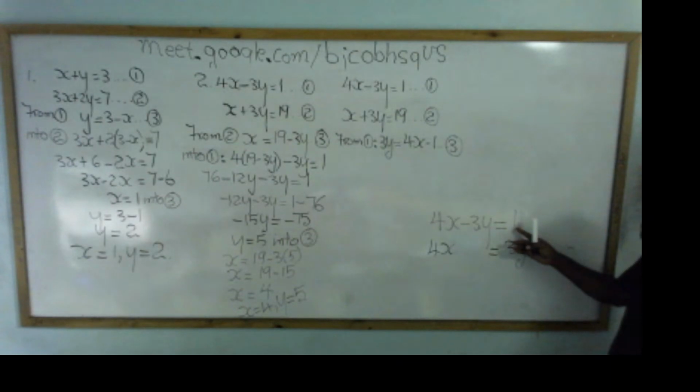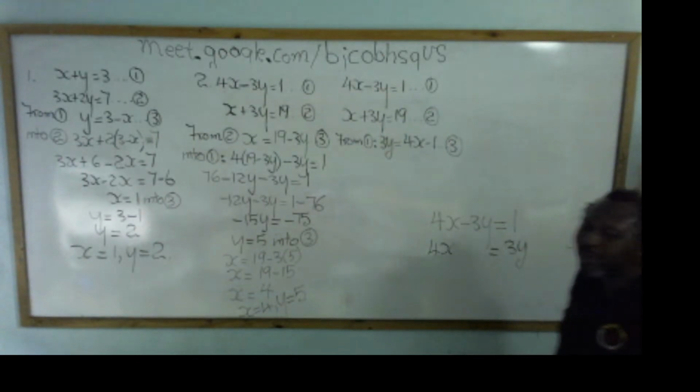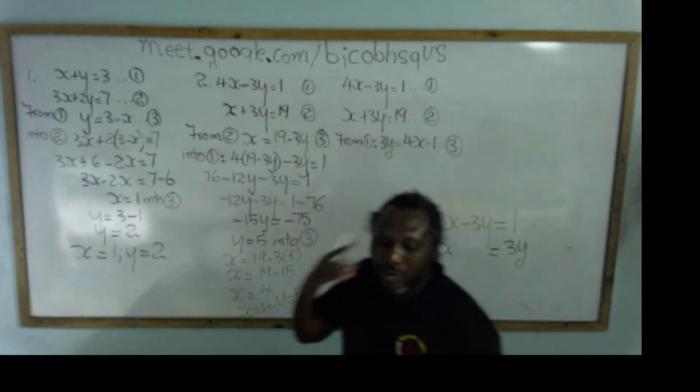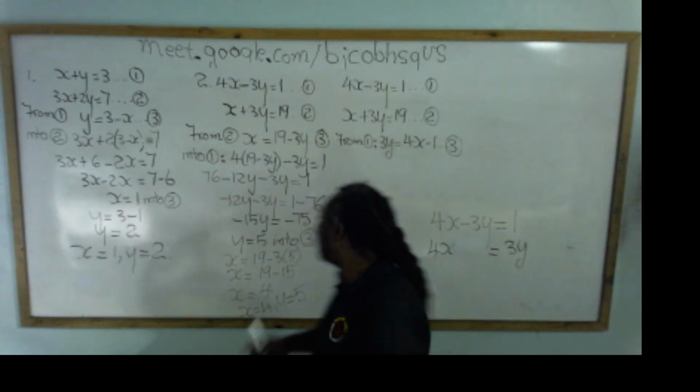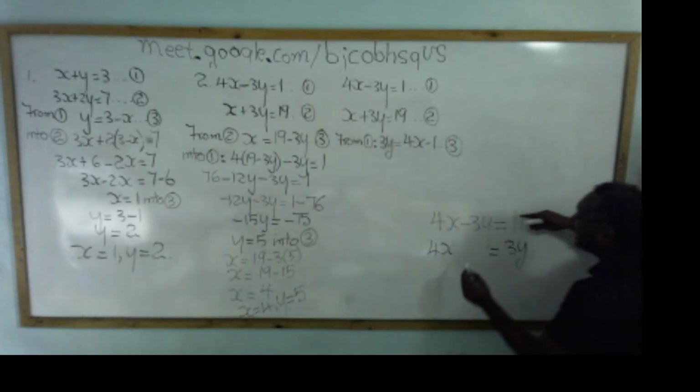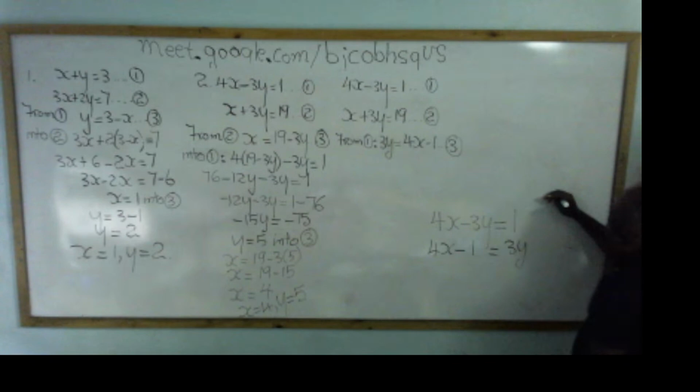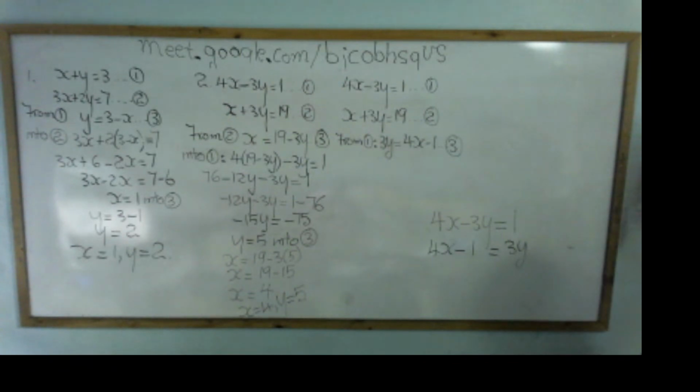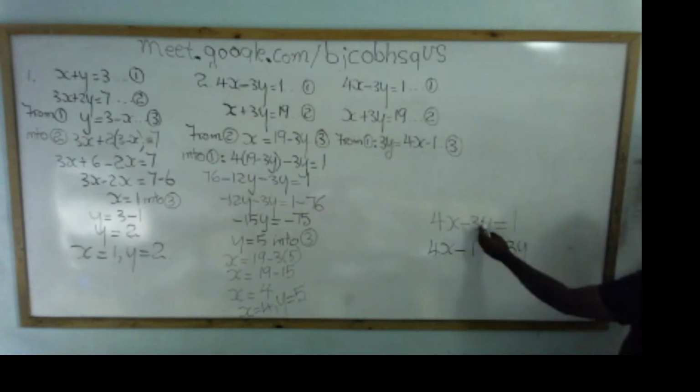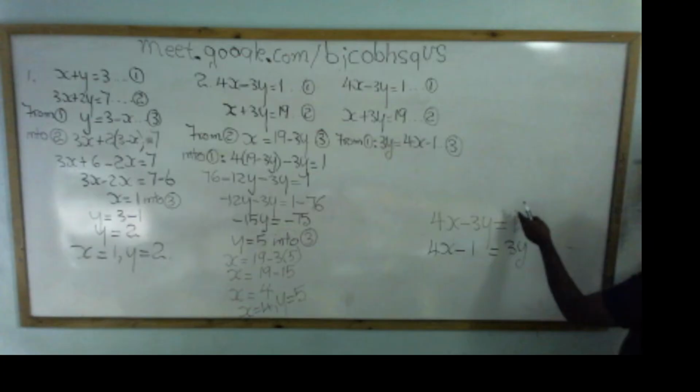going to be accompanied by this one. We are not writing it there, but it is going to be accompanied by that one. So we eliminate the 1 at the same time by subtracting 1. So we eliminate the 3y from this side by addition, and we eliminate the 1 from the right-hand side by subtraction.